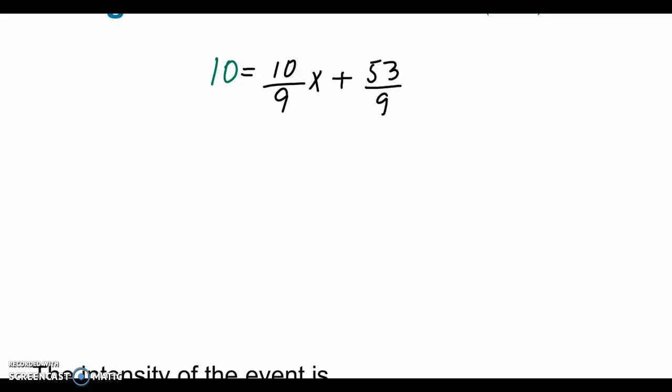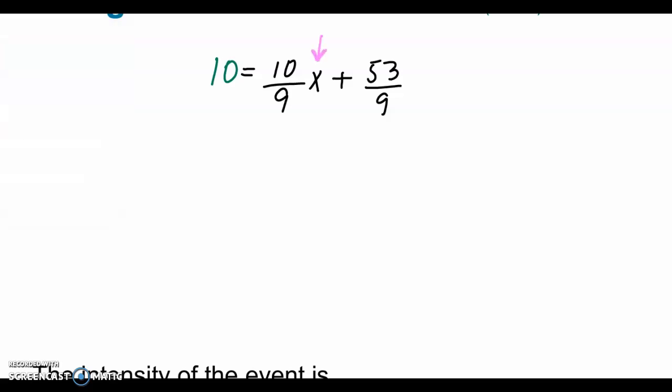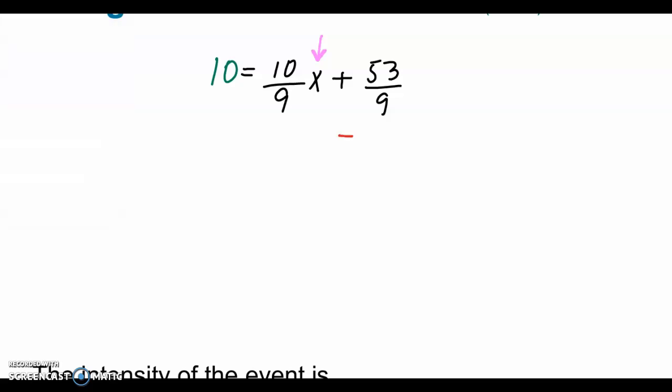And then I'm going to solve for x. So in order to solve this for x, we have to do some algebra here. I need to get x by itself, so move all the numbers to one side. 53 over 9 is a number. It is in fraction form, but it is a number. So I need to move that to the other side.